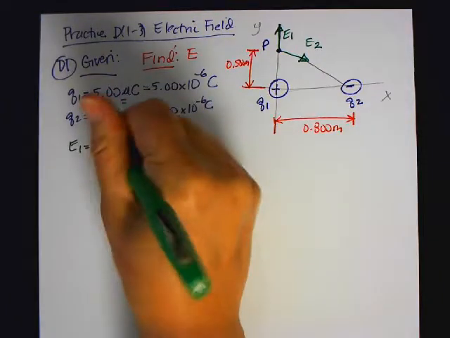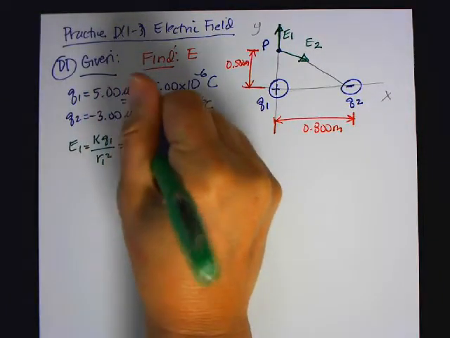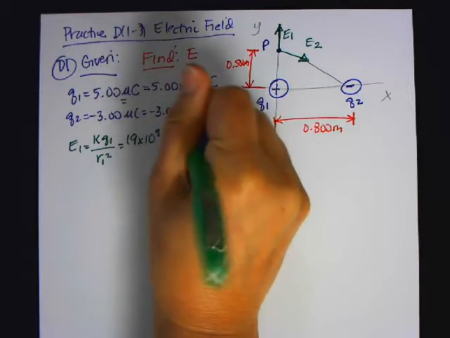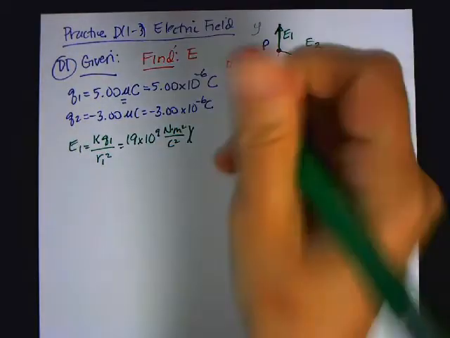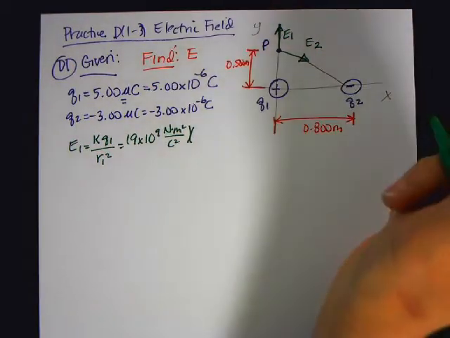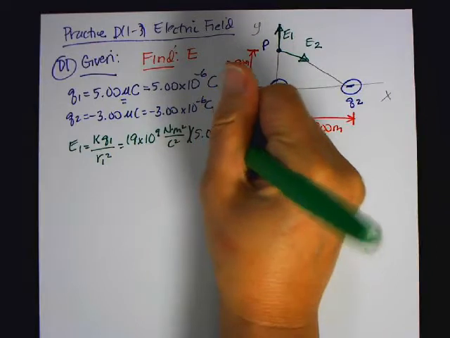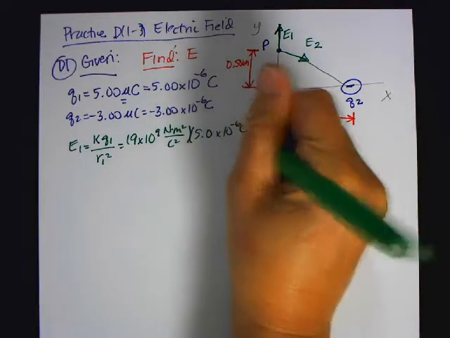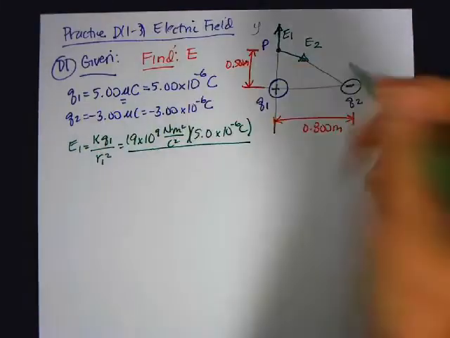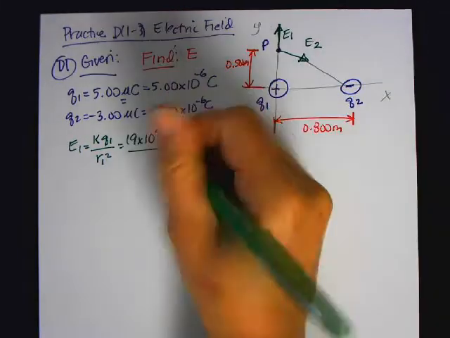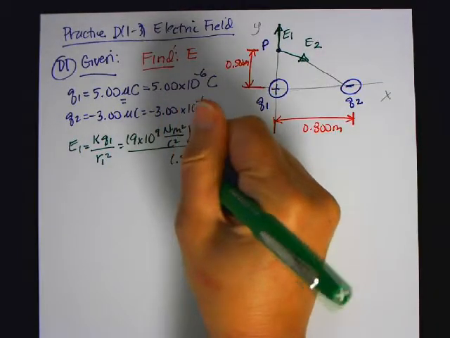So that's equal to 9 times 10 to the 9 newton meter squared per coulomb squared times Q1, which is 5 times 10 to the negative 6 coulombs, all divided by, and now I'm going to look at the distance between Q1 and P, and it's 0.5 meters squared.